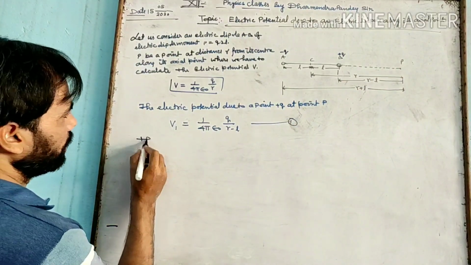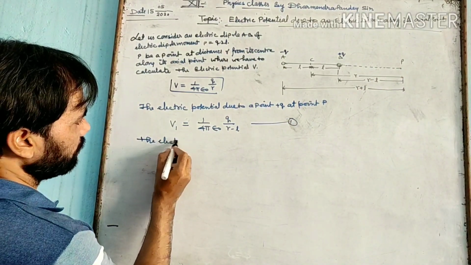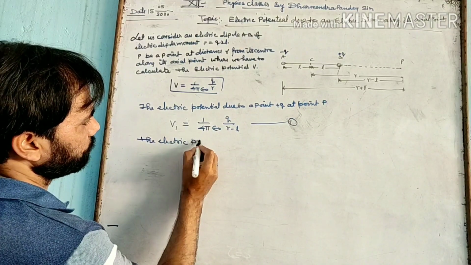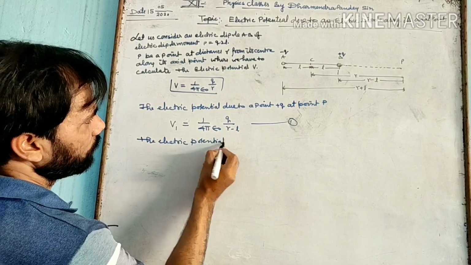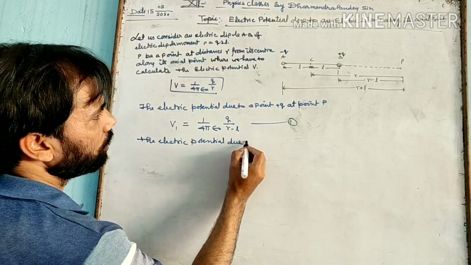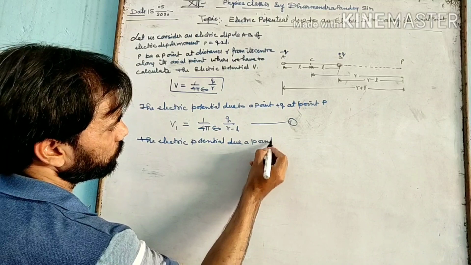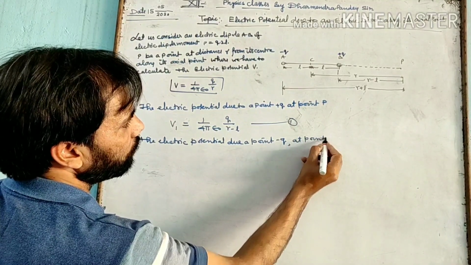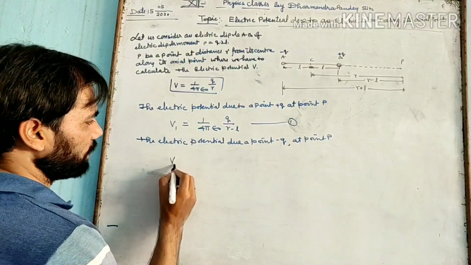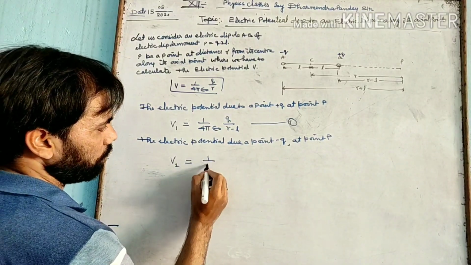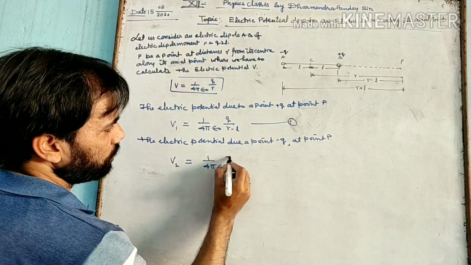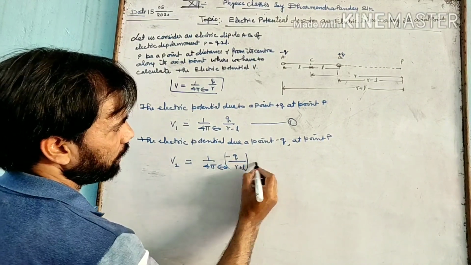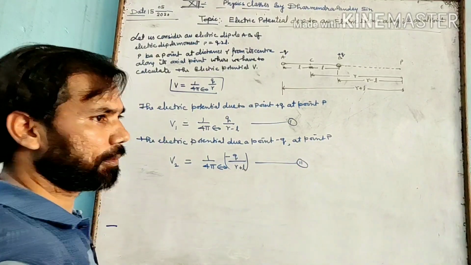So the electric potential due to a point charge minus q at point P, let this be V2, can be written as V2 equals 1 upon 4 pi epsilon 0 times minus q upon r plus L. Let us write this as equation 2.